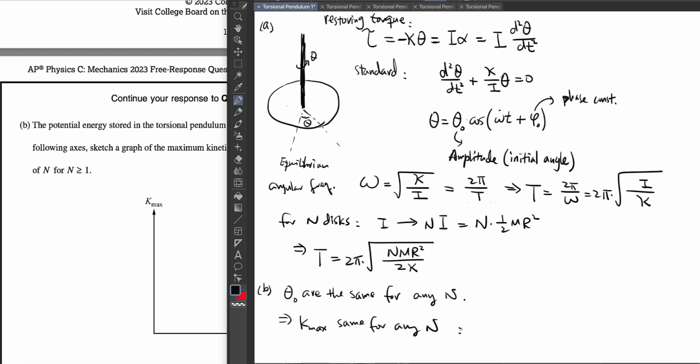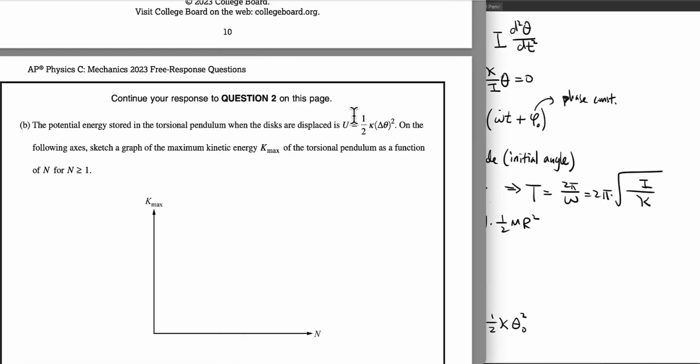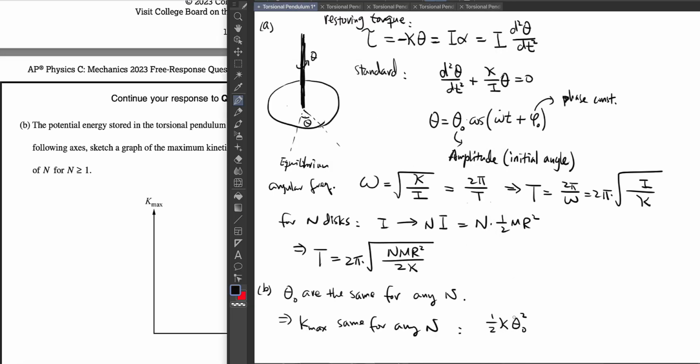And according to energy conservation, 1/2 kappa theta naught squared. So that's the energy given according to this equation here, right? The maximum potential energy is when we replace delta theta by theta naught.